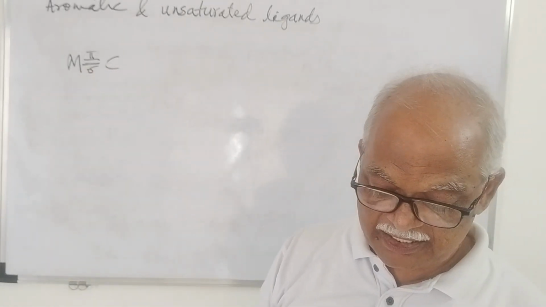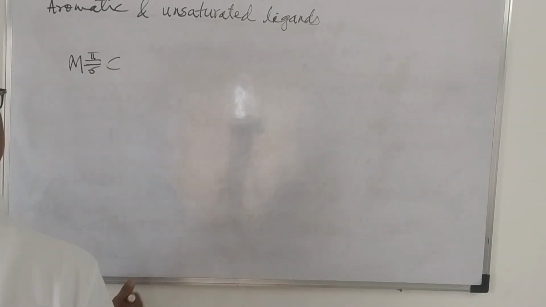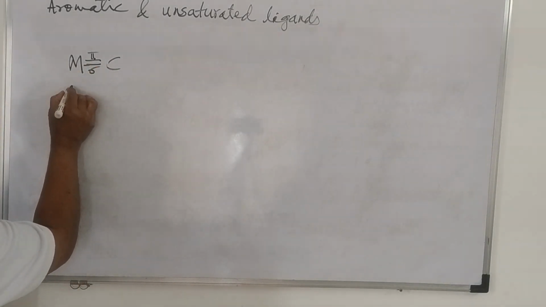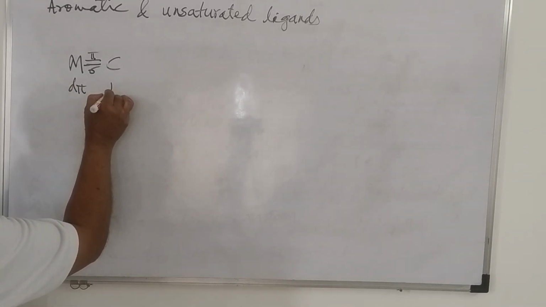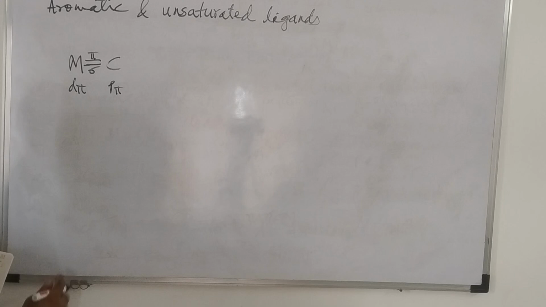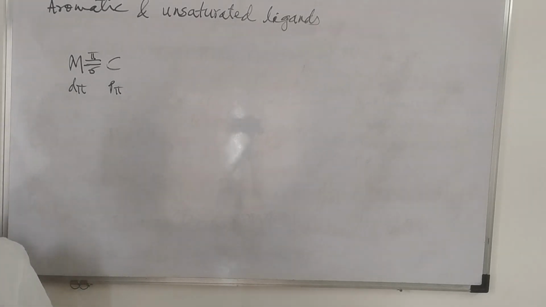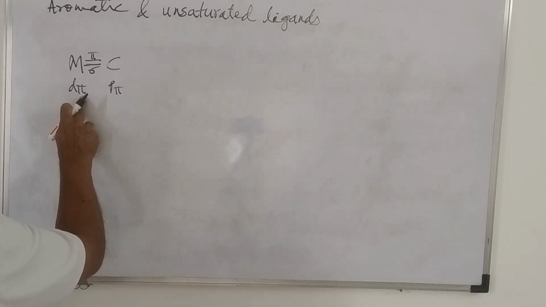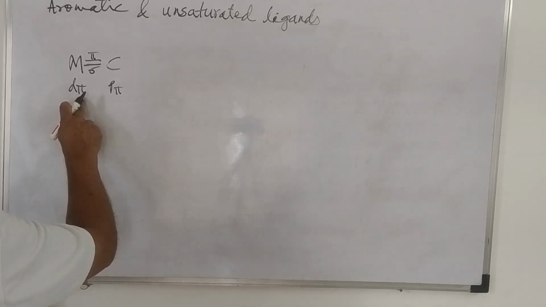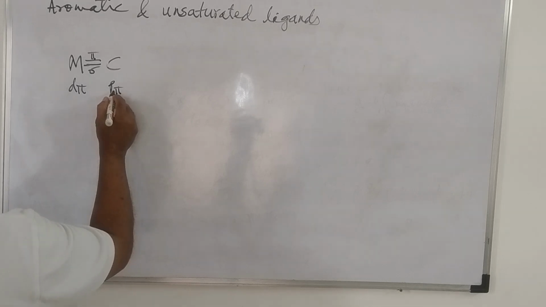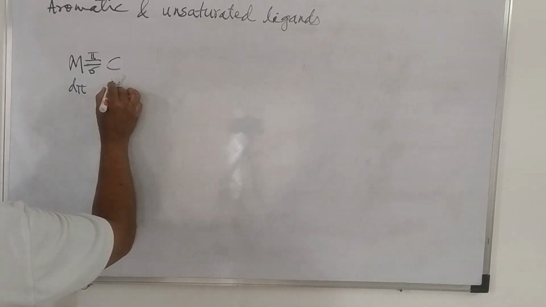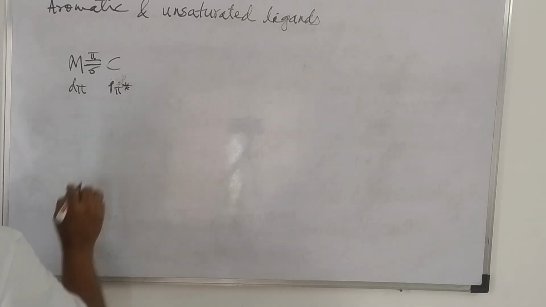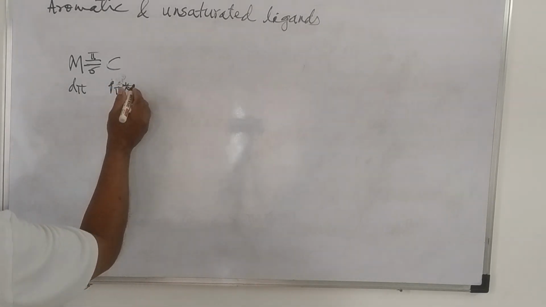Here we find metal d orbitals of pi nature, and carbon p orbitals of pi nature, and the d electrons of the metal are shared with the pi star orbitals.